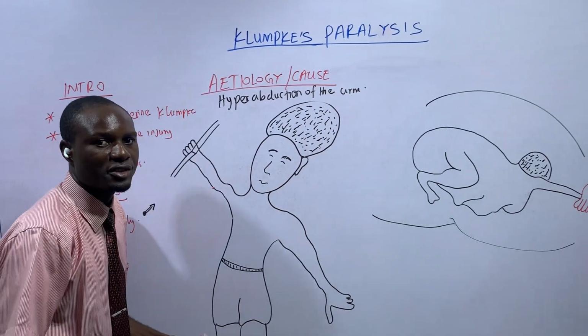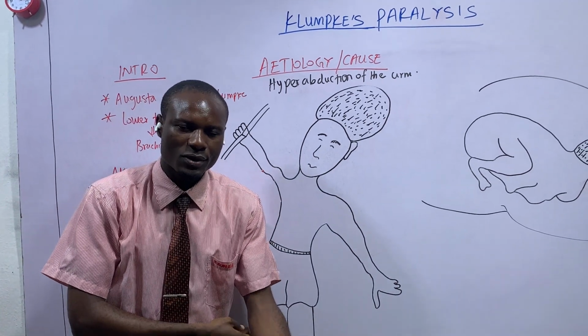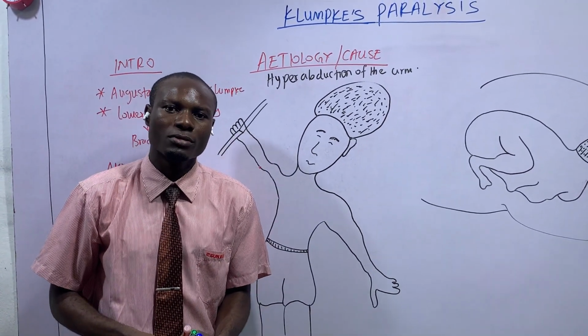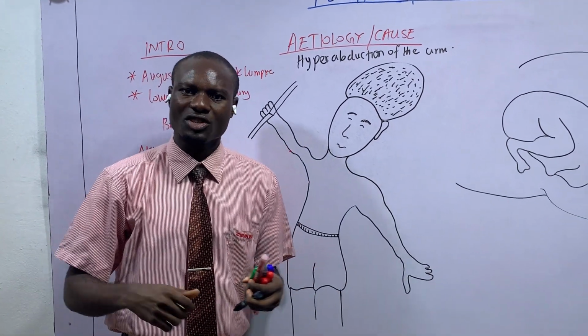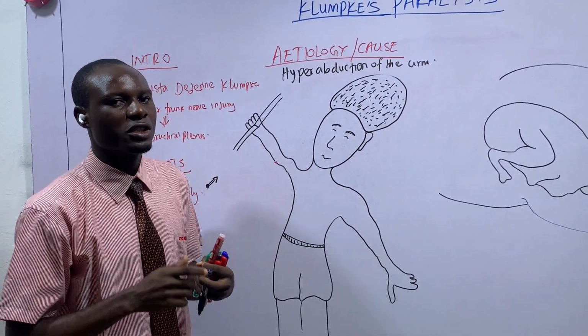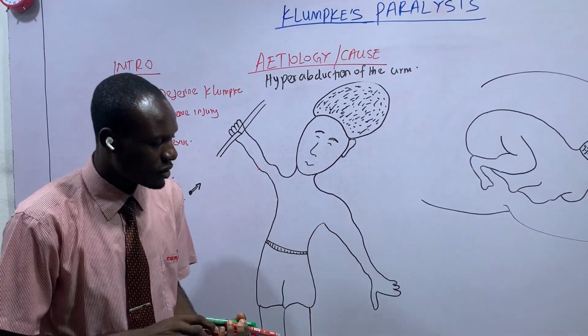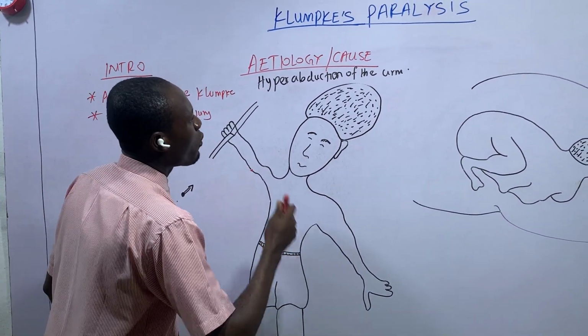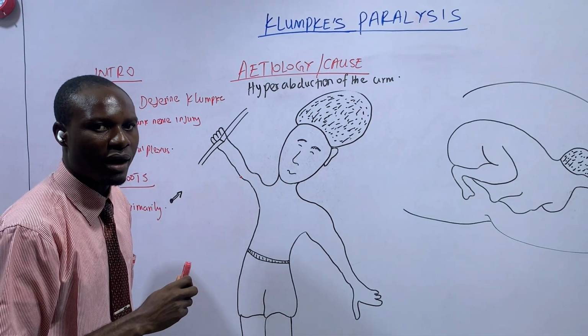The arm is simply the sub-region of the upper extremity that extends from the shoulder to the elbow. So when there's hyperabduction of the arm, the lower trunk of the brachial plexus is stretched and is susceptible to injury. And if this injury occurs, guess what you have? Klumpke's paralysis.